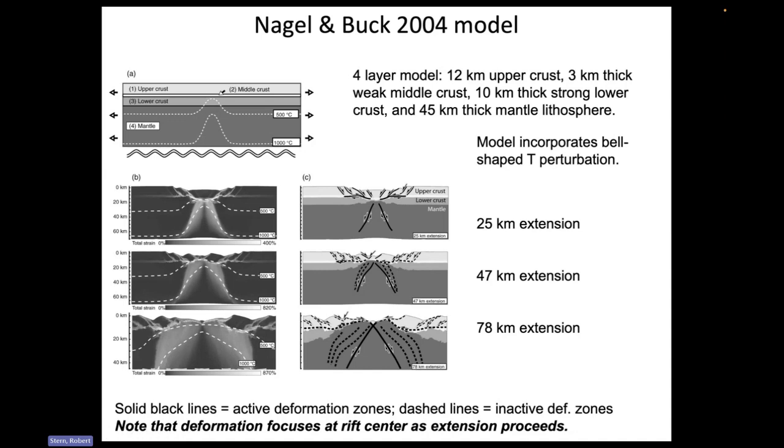As extension proceeds, these isotherms rise, which implies that the geothermal gradient is increasing, and ultimately you end up with something very close to seafloor spreading. And the other thing you'll notice here is that the deformation tends to focus at the center of the rift as extension proceeds, because this is a positive feedback loop: if you weaken the lithosphere, deformation is going to be further concentrated there as time progresses.